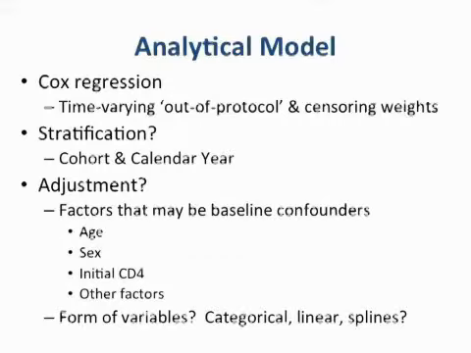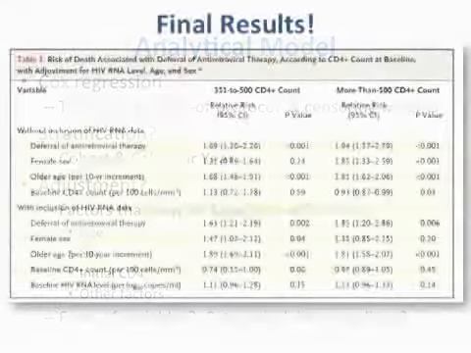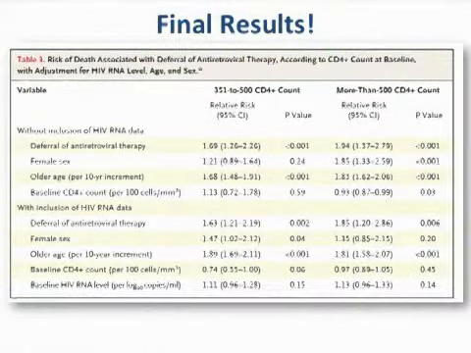If we do adjustment, we put in baseline confounders such as age, sex, initial CD4, and we looked at a number of other things. How we actually incorporate those variables, whether we put them in as categorical variables, linear variables, splines, etc. It's all the model building stuff that we all have to face whenever we do a statistical model.